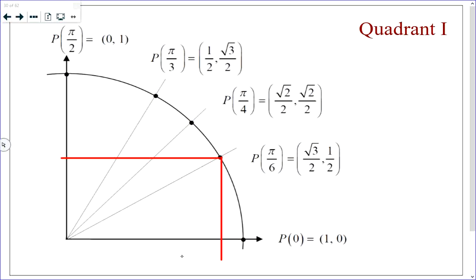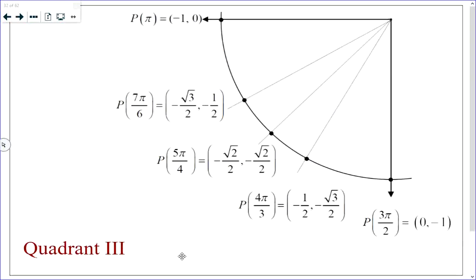And once again, I'm not going to go through the details here, but you need to know that the x-coordinate is the cosine of the rotation angle that takes you there, and the y-coordinate is the sine of the rotation angle that takes you there, so that you can solve problems. And without knowing those facts, you cannot solve the problems.